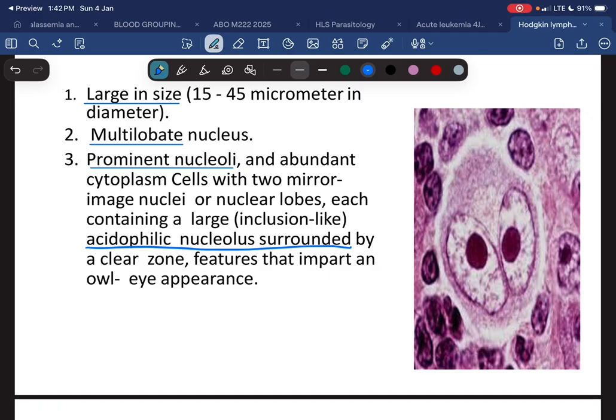This gives the appearance of what's called owl eye appearance of the classic RS cell.